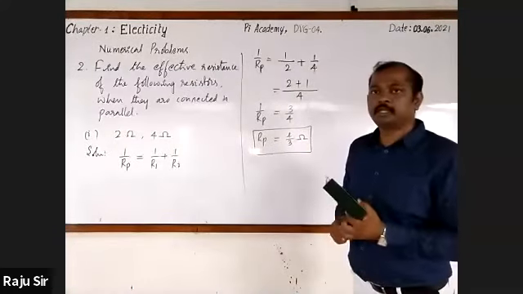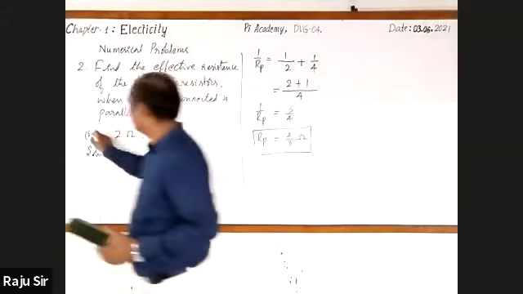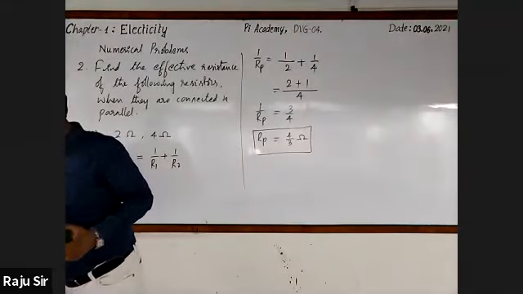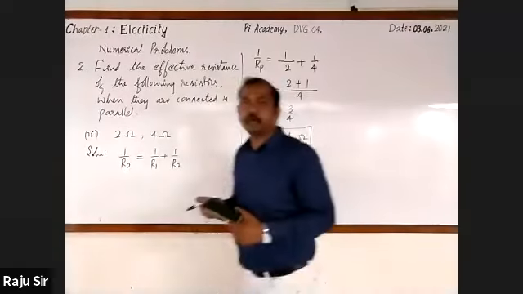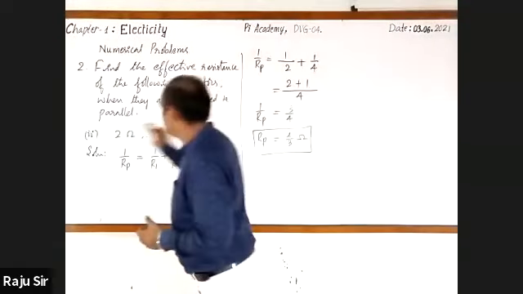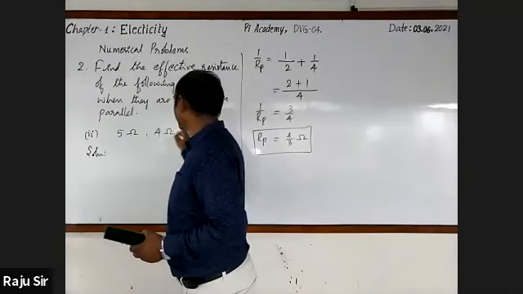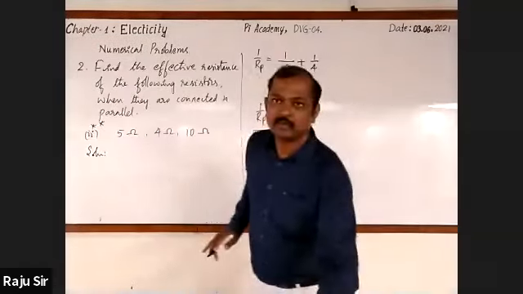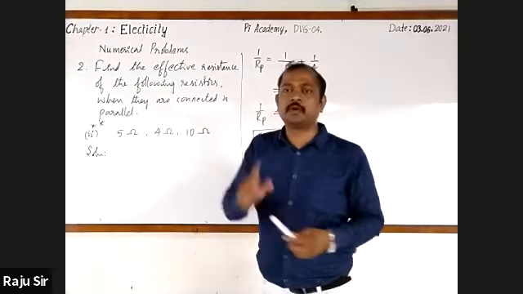Now, let me go for taking another one. Second one. It is 5 ohm, 4 ohm, 10 ohm. Just put a double star mark, because in one of the years, it was given in the examination just for 1 mark.